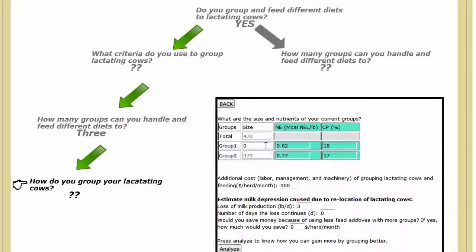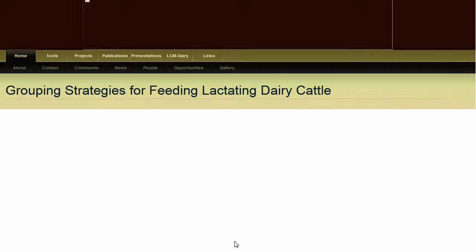Again, you're asked to enter a series of criteria which will help quantify changes in grouping. Simply enter your information into the boxes, then click the Analyze button to calculate the results.